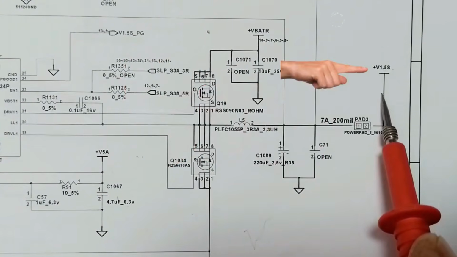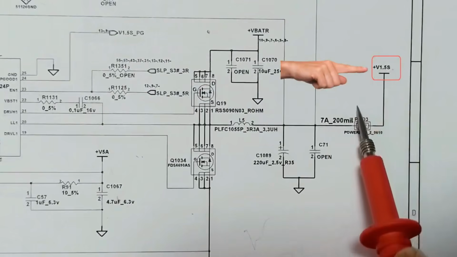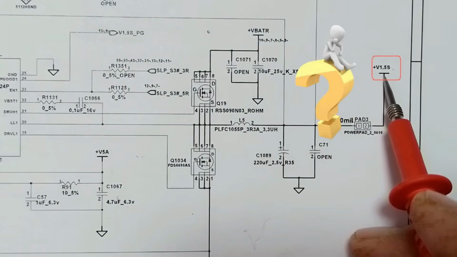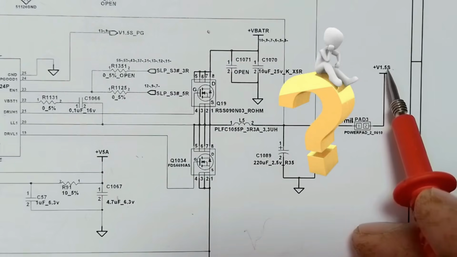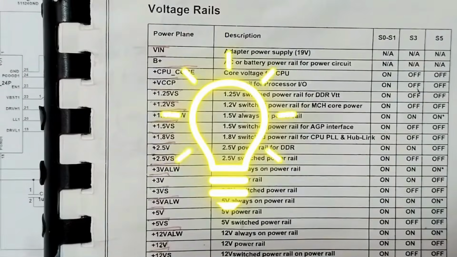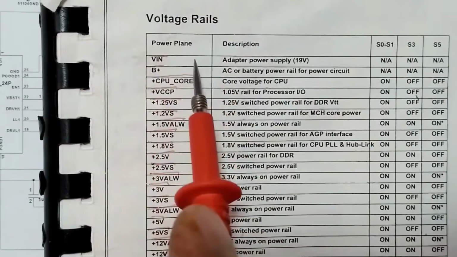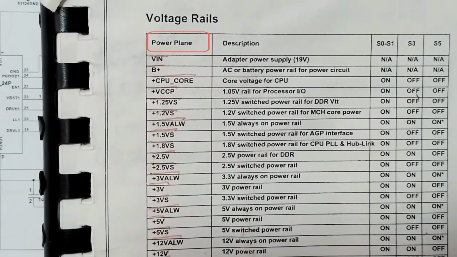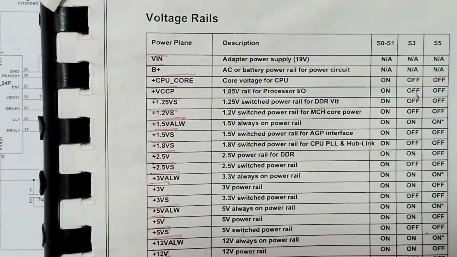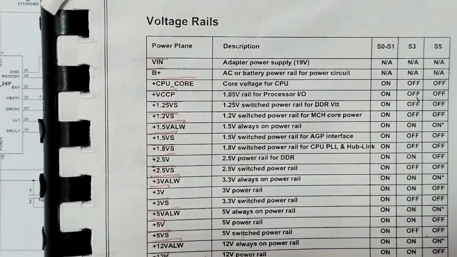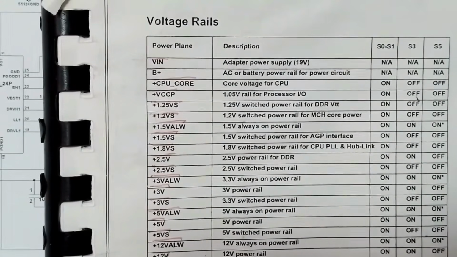But we have another thing. Here, this 1.5 volt power is for what exactly? Which component on the motherboard does it power? Let's go to this table, the voltage rails, where we have the power plane, the description, etc. Let's look for 1.5 volt switched.